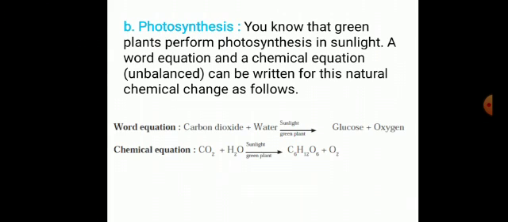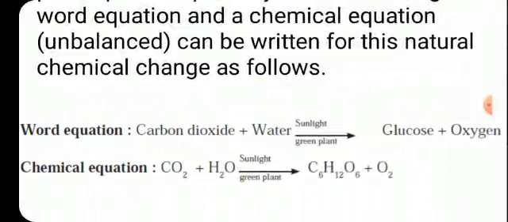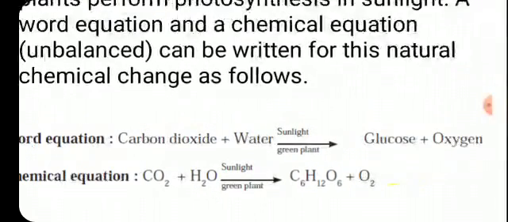Second natural chemical change is photosynthesis. You all know that green plants perform photosynthesis in sunlight. A word equation and a chemical equation, an unbalanced chemical equation, can be written for this natural chemical change. Word equation is carbon dioxide plus water. Plants use sunlight and chlorophyll in this process, and glucose and oxygen, these two products, are formed here.